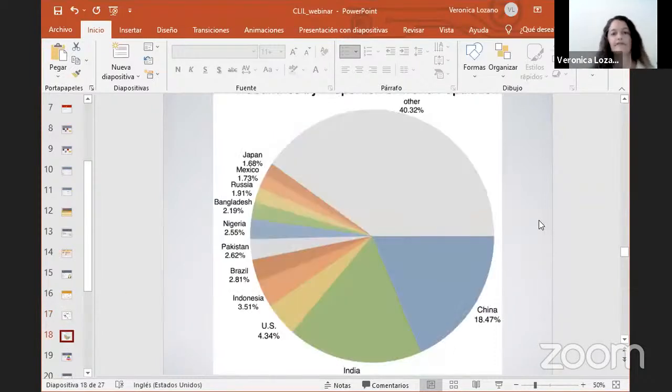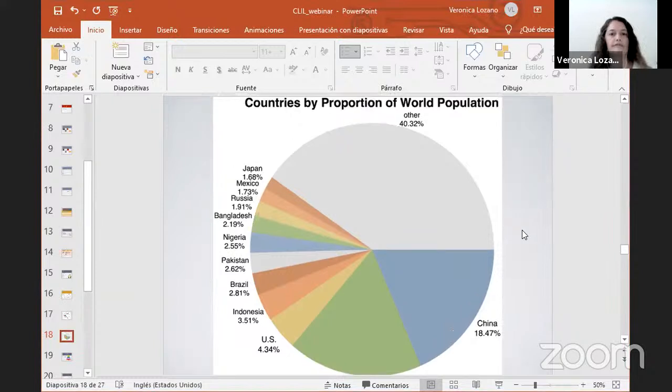And finally, here's a pie chart. And this refers to countries by proportion of world population. So maybe you just gave them a very challenging, very long paragraph on world population, but you want them to get the main idea.